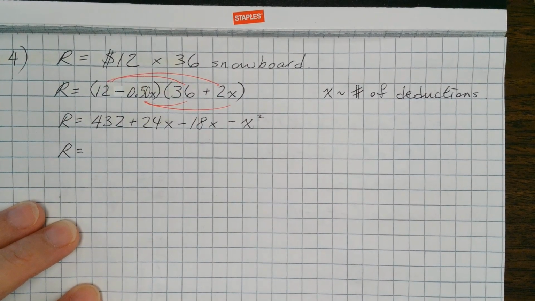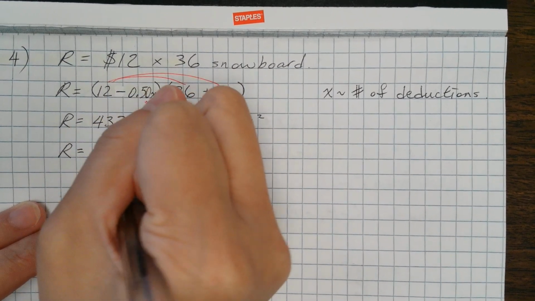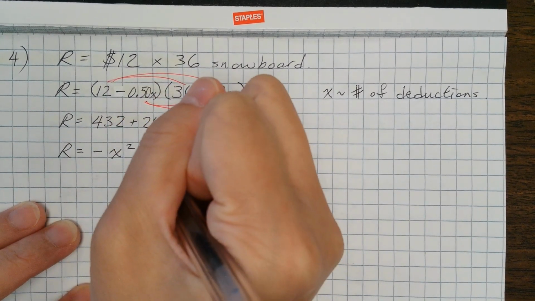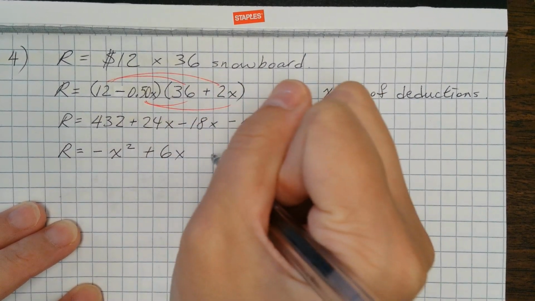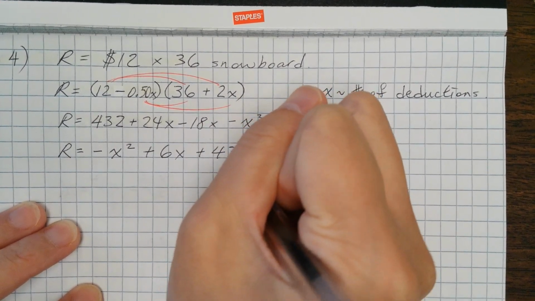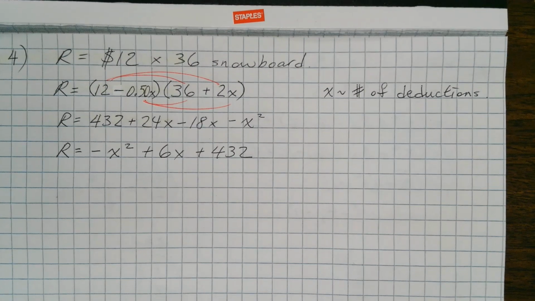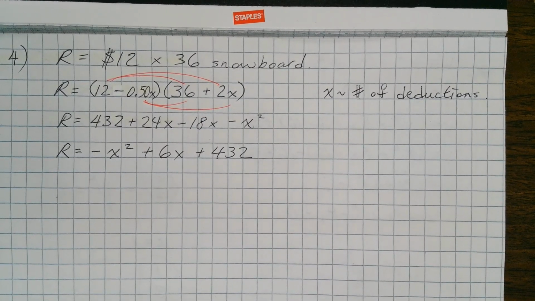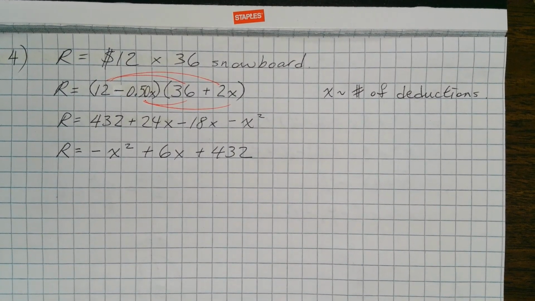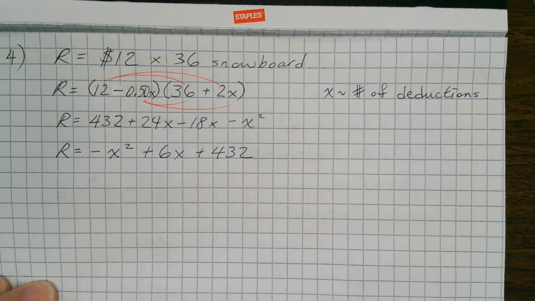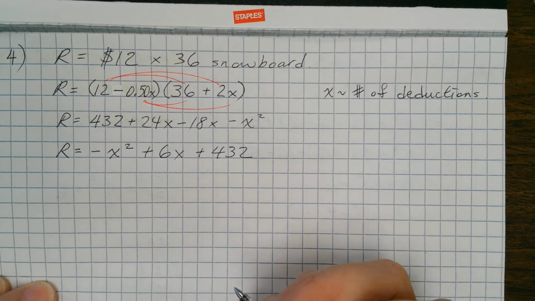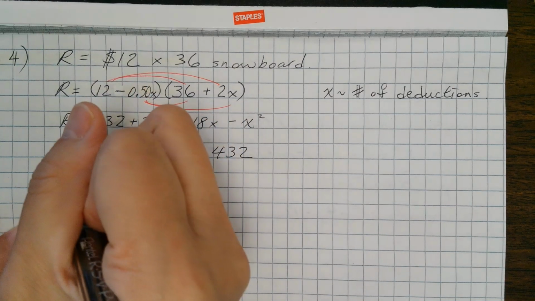Rearrange this into standard form. So negative x squared plus 6x plus 432. Make sure you rearrange it into vertex form. If you don't, you're going to factor out the wrong number. As we said, we want the maximum, which means complete the square.